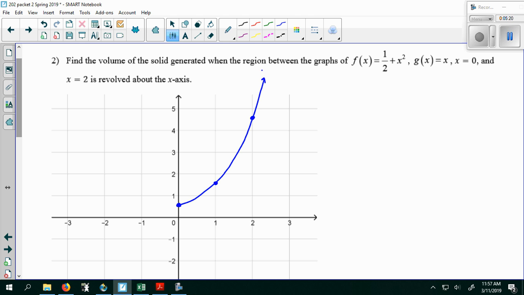There's my f of x. And then g of x is x, so that would be (0, 0), (1, 1), (2, 2), (3, 3).